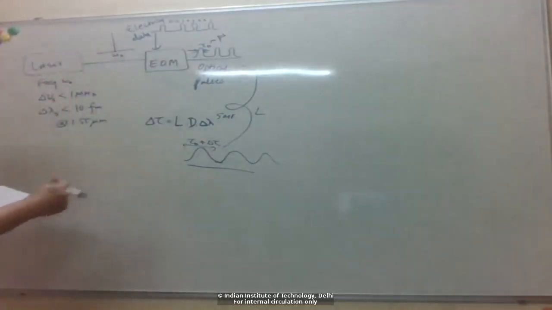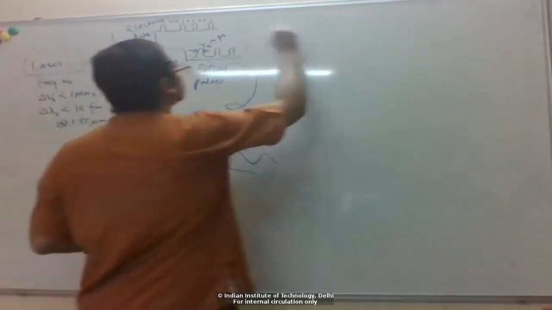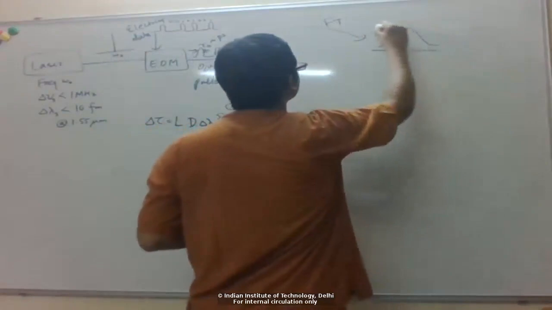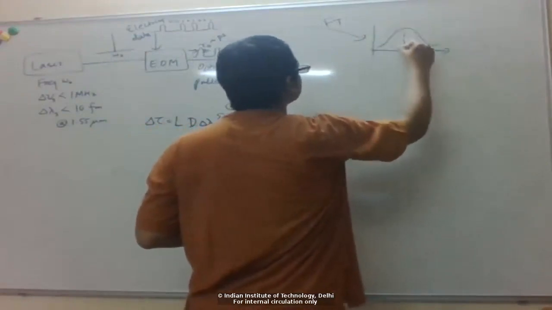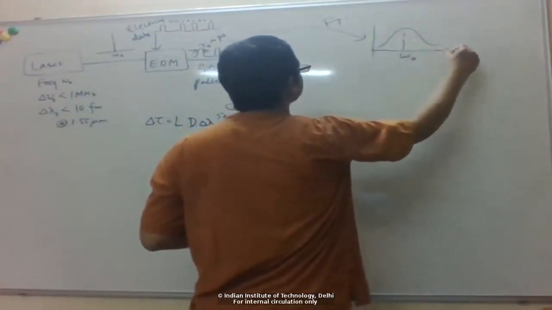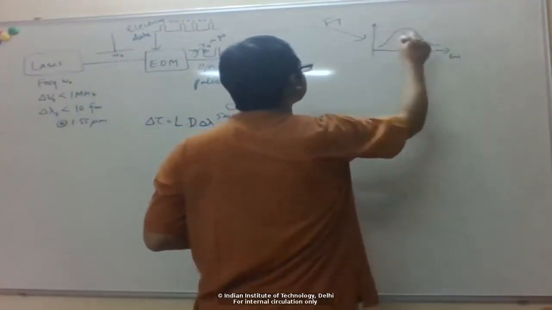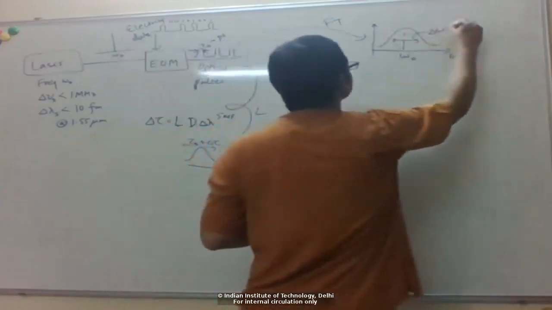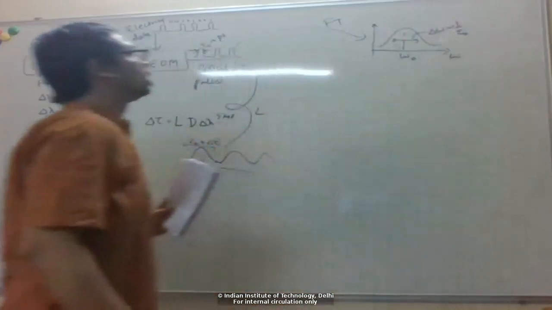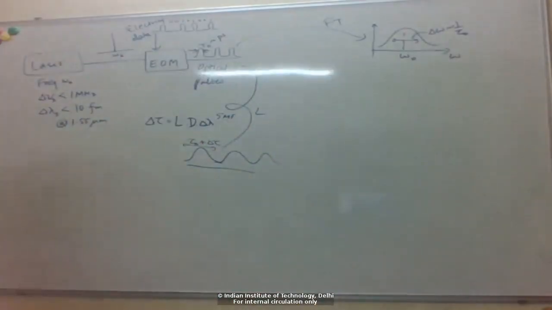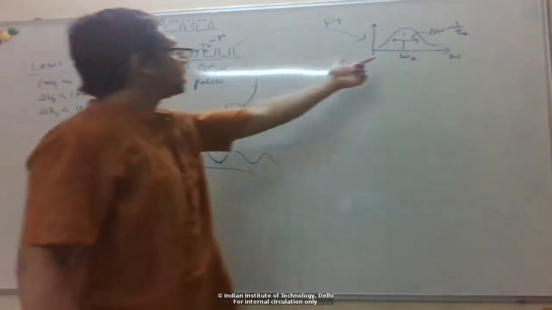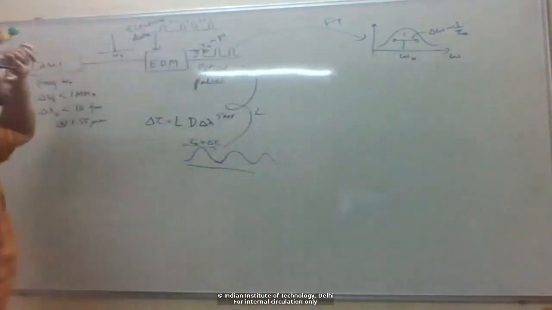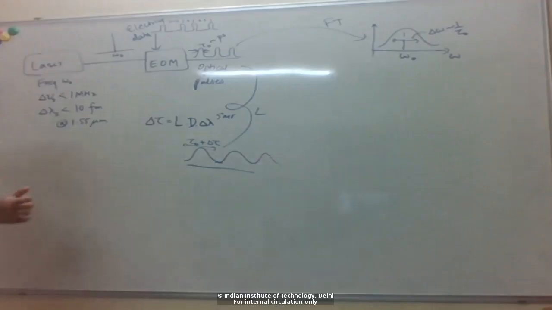If you take the Fourier transform of the pulse, you will see some spectrum which will have some width, and the width depends on the pulse width. So that's where the bandwidth is coming from, just from fundamental time-frequency relations, not from the source.